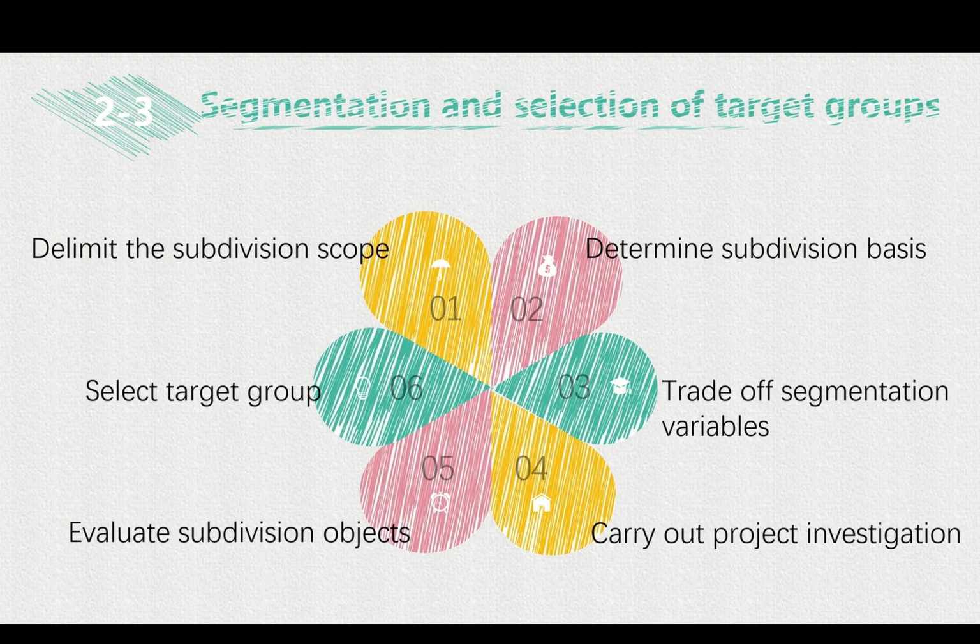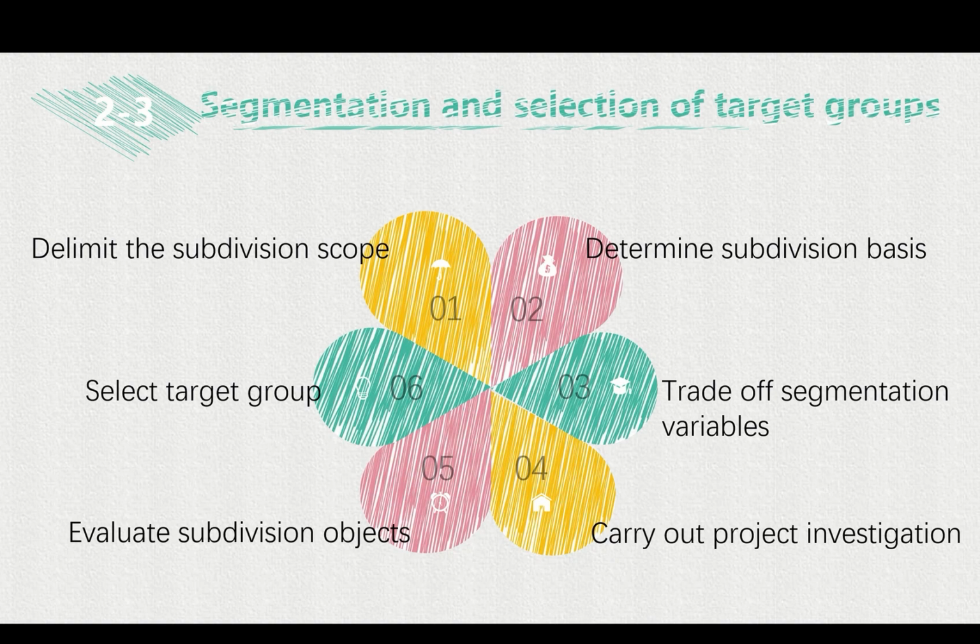This refers to the evaluation and analysis of the needs of each subdivided group and the solvability of the problem according to the information obtained from the survey. The most commonly used method is to comprehensively consider relevant factors according to the weighted average method.